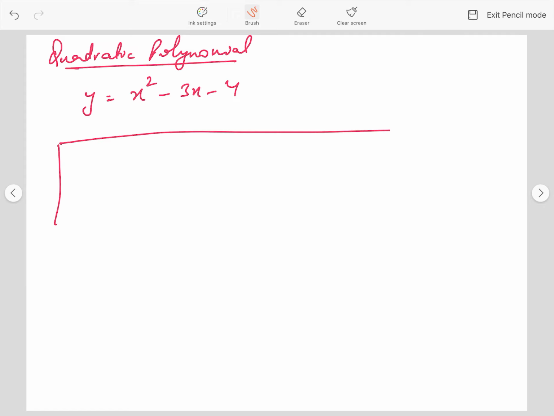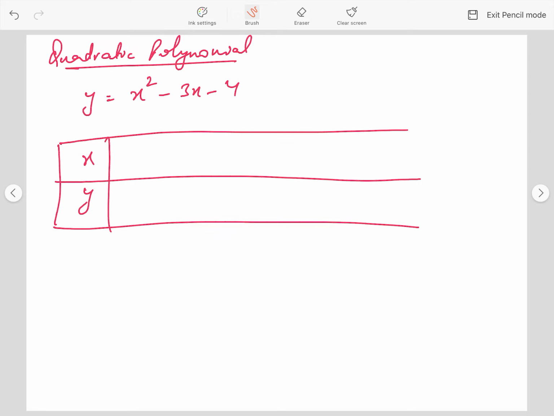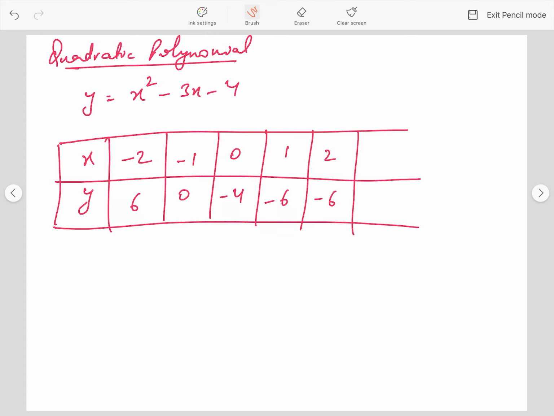Now we will find some points so that we can plot them on the axes. If we put the value of x as -2, we will get the value of y as 6. These are some values that you can also verify by putting the values of x in the given polynomial, and you will get the same values which I am writing for y.